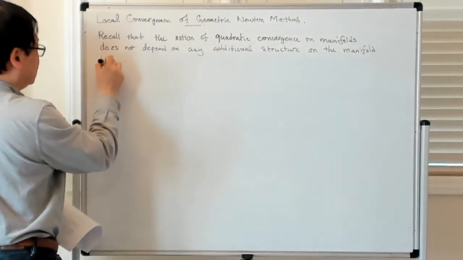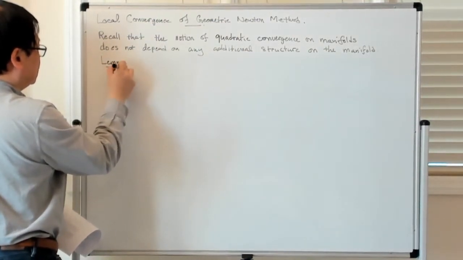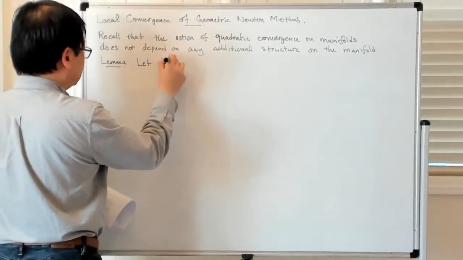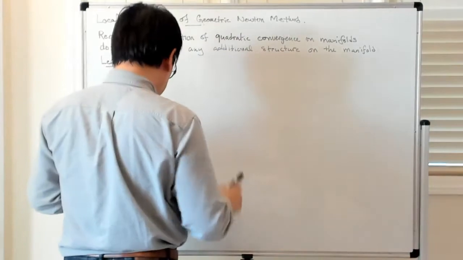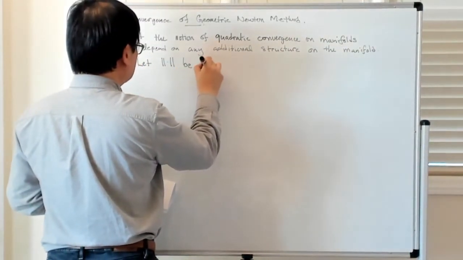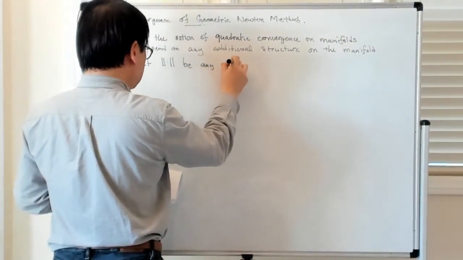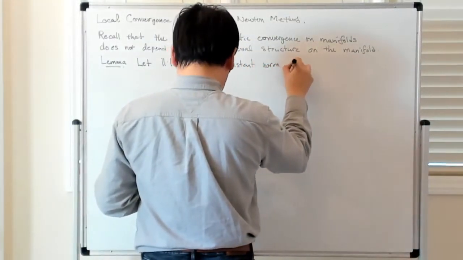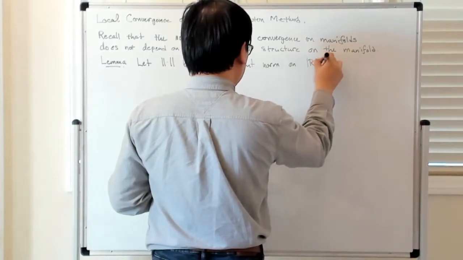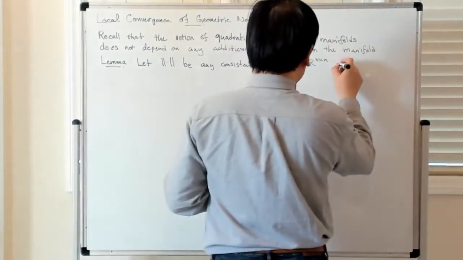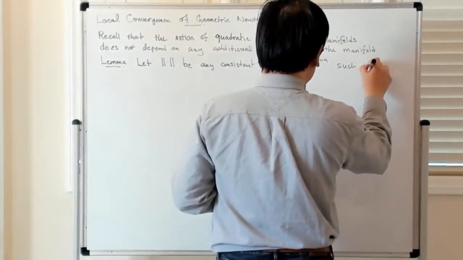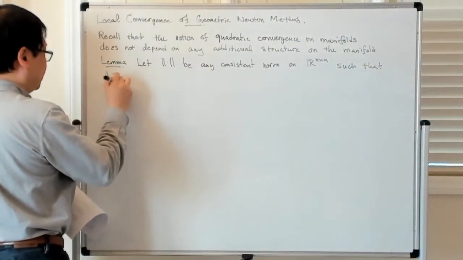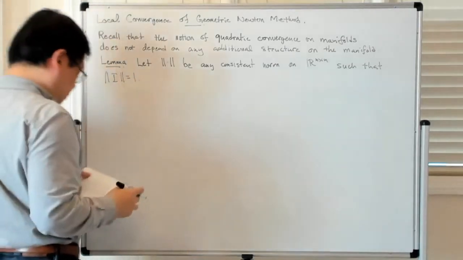Let these double bars be any consistent norm on R n by n, such that the norm of the identity operator is just 1.